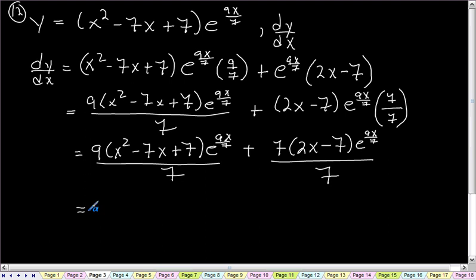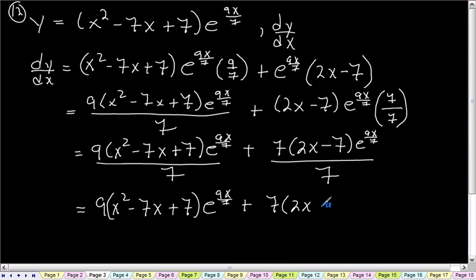So I can write it like this. 9x squared minus 7x plus 7 times e to the 9x over 7 plus 7 times 2x minus 7. That's e to the 9x over 7.